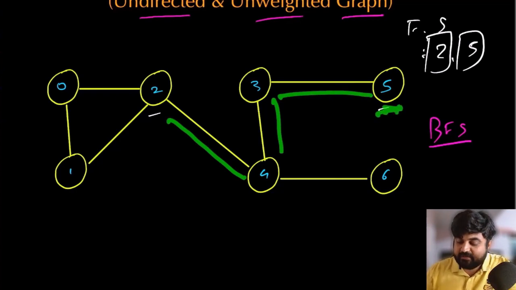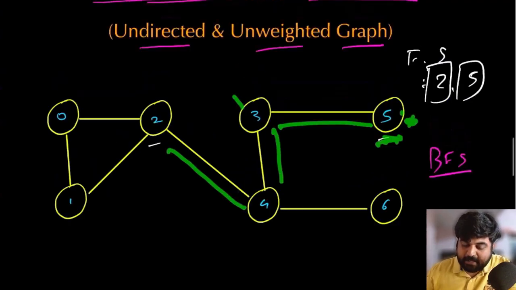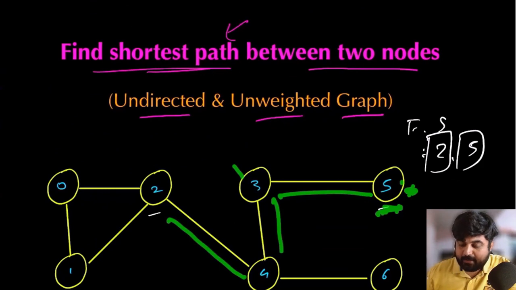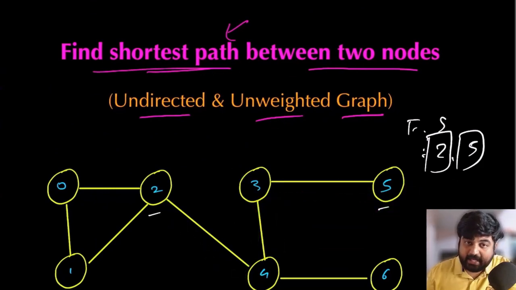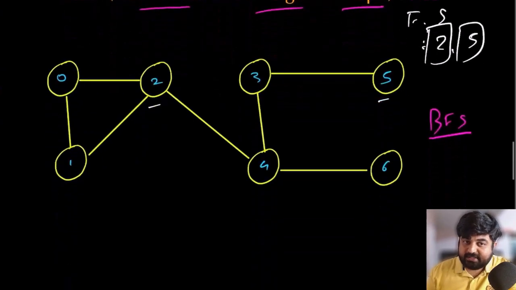If it can, we are going to mark that path, and we will try to see whether there exists any alternate path that provides us a better answer. If there does not exist an alternate path, we are going to mark this path as the most optimal path and return that as the answer. So let's see how we are going to solve it.